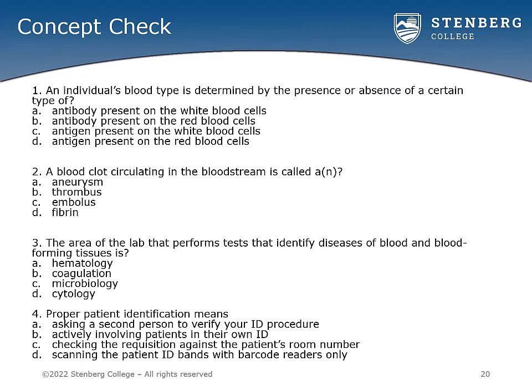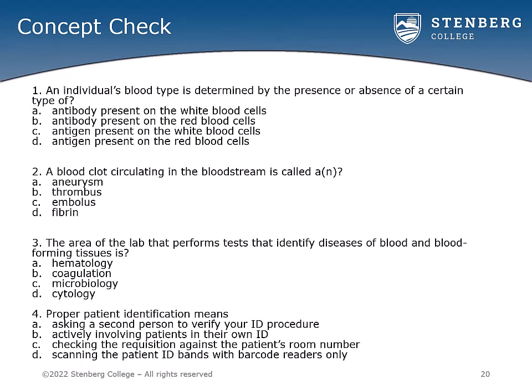Question 3. The area of the lab that performs tests that identify diseases of blood and blood-forming tissues is A. Hematology. B. Coagulation. C. Microbiology. Or D. Cytology. Question 4.